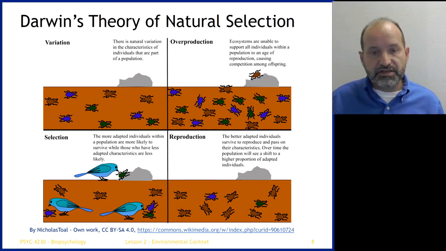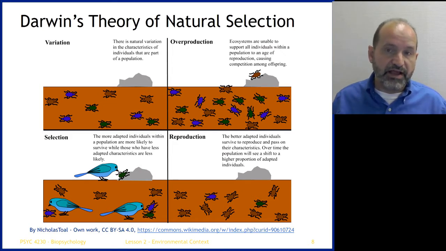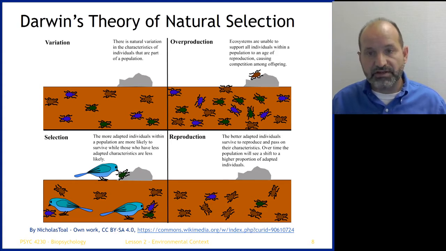And this leads to the idea of selection. That is, that some of those individuals are going to have characteristics or traits that are more suited to the particular environment in which they live than other individuals are. Those individuals now are going to survive.